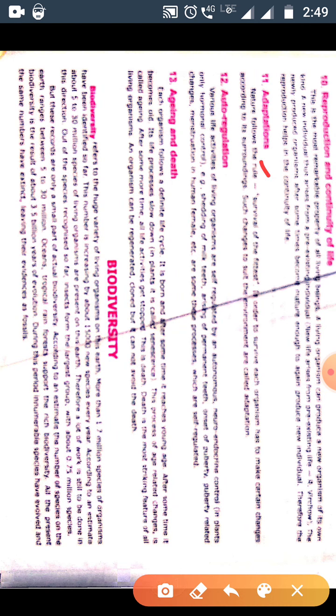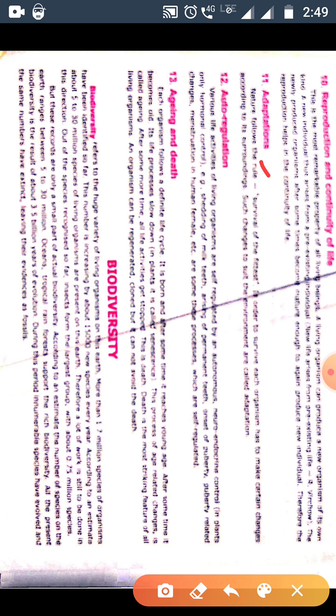Next is adaptation. What is adaptation? The establishment and coordination, in simple words, systematic adjustment.